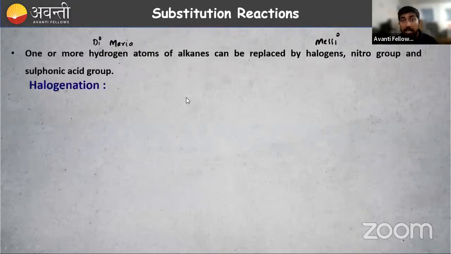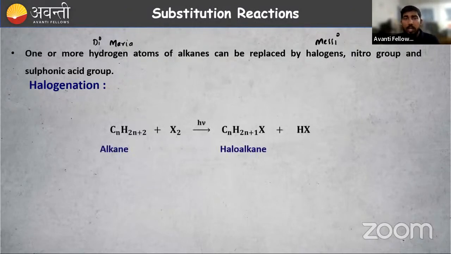Let us study that. If a halogen comes in, that type of reaction is known as halogenation. How to write it? We start with an alkane, then add X2, the halogen, which can be chlorine, Cl2. For the product, remove one hydrogen from the alkane and in that place add one halogen.